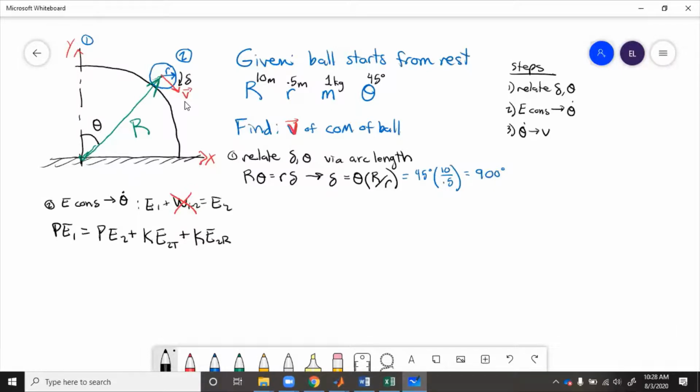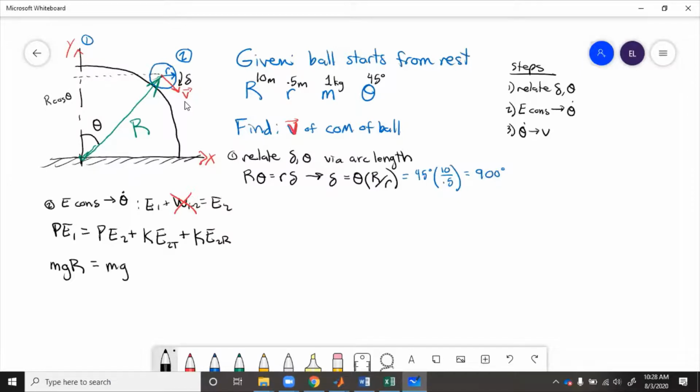So for potential energy, we know up at the top, it's going to have mg R. That is the potential energy at the top. Now at state 2, it's only at this height. So this is going to be R cos theta, is that height.